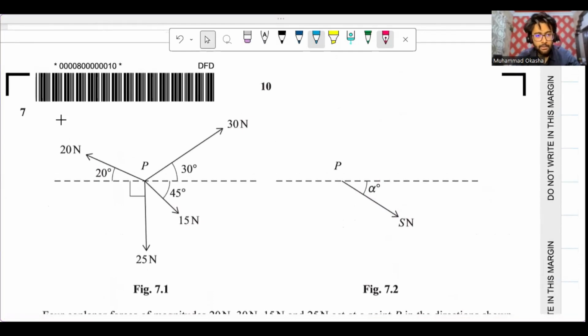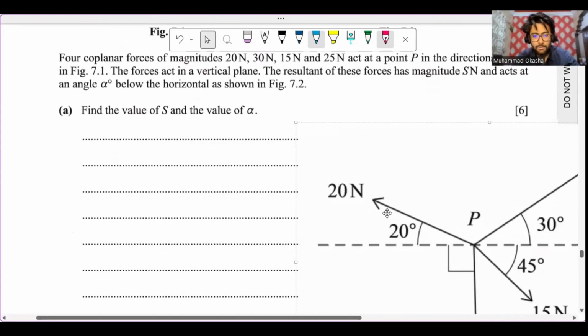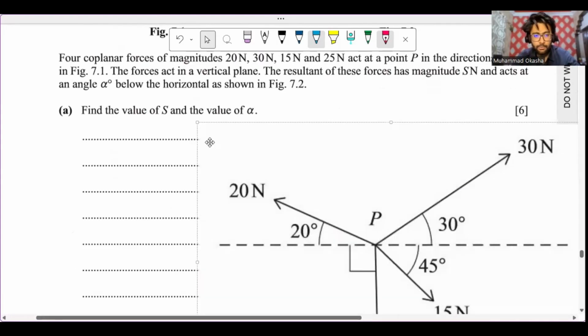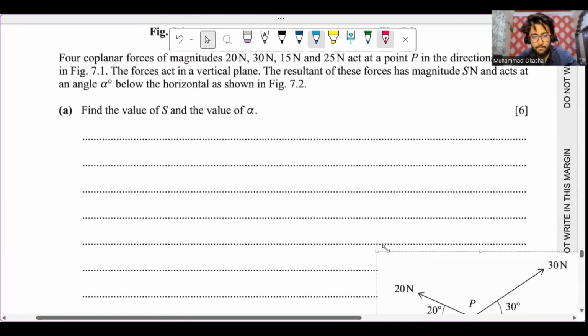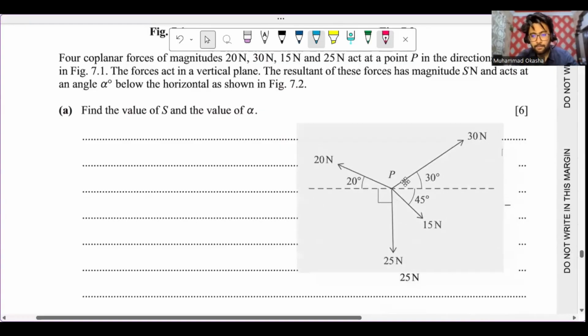Let's work it out. I'm going to copy down this diagram to our working space, and let's break down the forces into horizontal and vertical components. I'm going to use different colors for different forces.